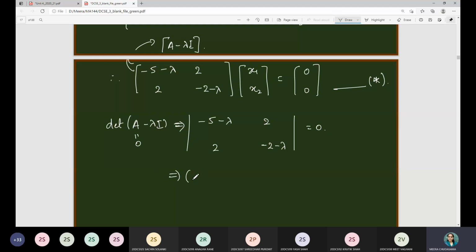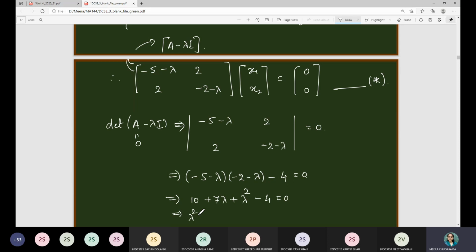So this is a 2 cross 2 matrix. So (-5 minus lambda)(-2 minus lambda) minus 4 is equal to 0. So this is 10 plus 5 lambda plus 2 lambda, so 7 lambda plus lambda square minus 4 is equal to 0.